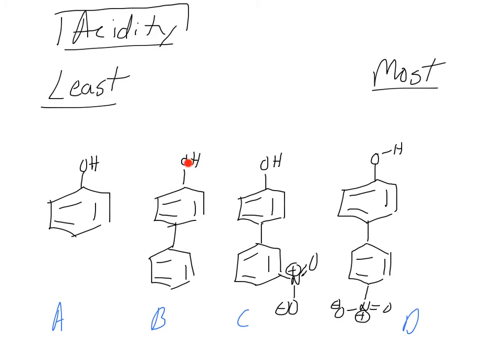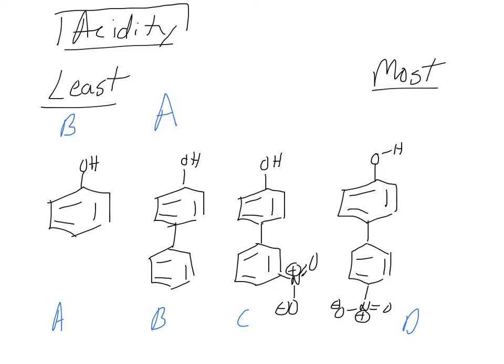If I'm pushing electrons towards the H, that makes the bond, maybe, stronger. So B is going to be the least acidic, and then we know A is following afterwards.